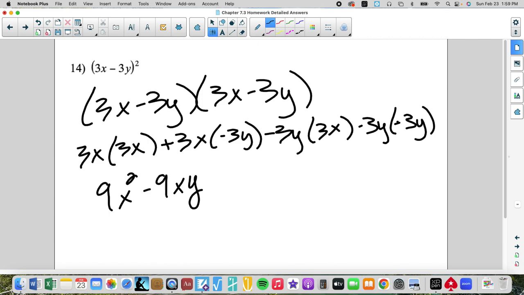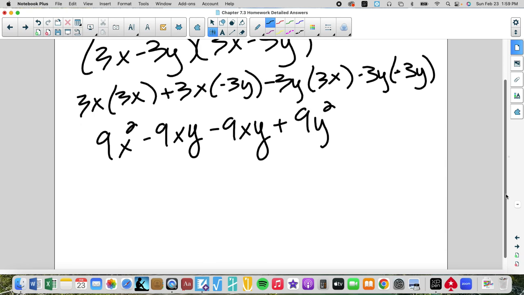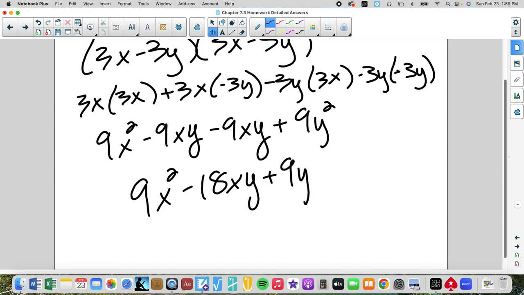Negative 3y times 3x is negative 9xy. And negative 3y times negative 3y is positive 9y squared. Woo! We'll see how many people get this one right. This is a good one. Oh, yes. Good. So there it is. Perfect.